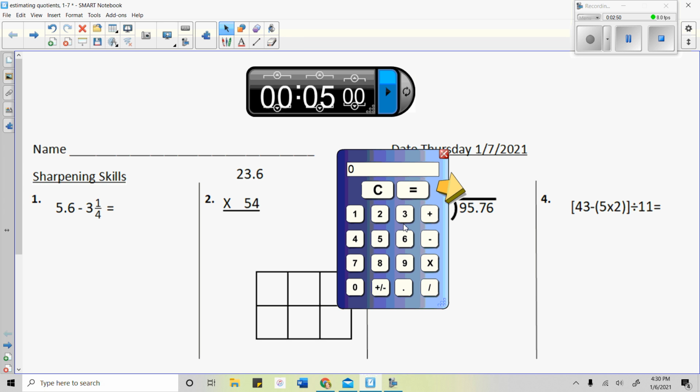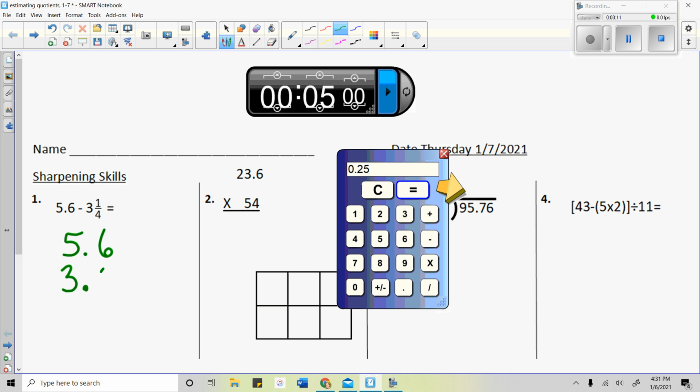So here is the first question that we're doing every day. So you've got that 5 6/10. And you want to take away 3 4/10, so that's going to be 3 point. Now we've got to turn that fraction into a decimal. So I'm going to do 1 divided by 4. So it's top divided by the bottom.